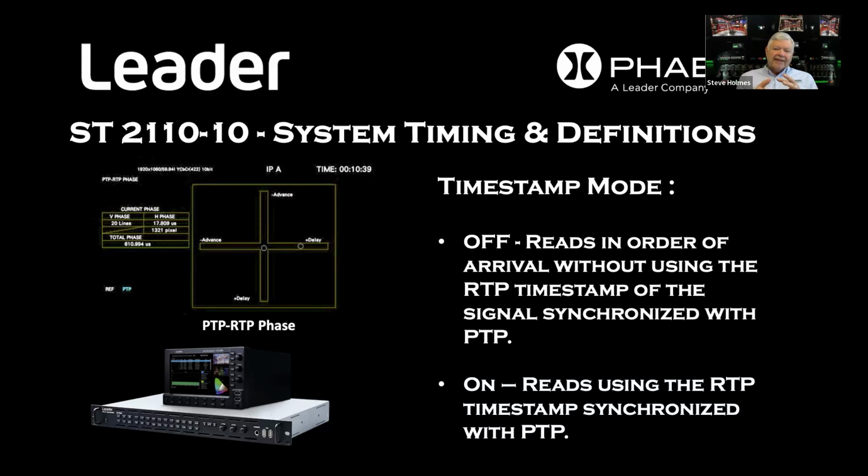This is where you can get issues that may be unique: the picture may start a quarter of a frame down. The top of the frame has nothing in it, and all of a sudden the top of your picture is actually a quarter of the way down the raster. That's because the timing is offset. If you turn the timestamp mode off and put it into free run mode or FIFO mode, boom, the picture comes perfect. It will tell you very quickly that, hey, my timing model is not where it needs to be.